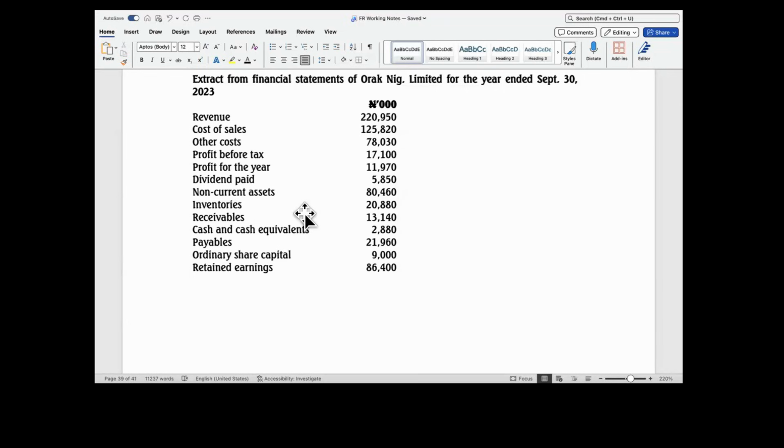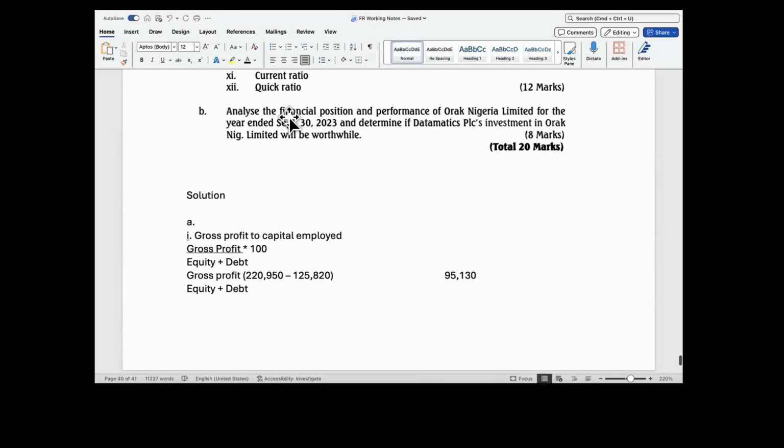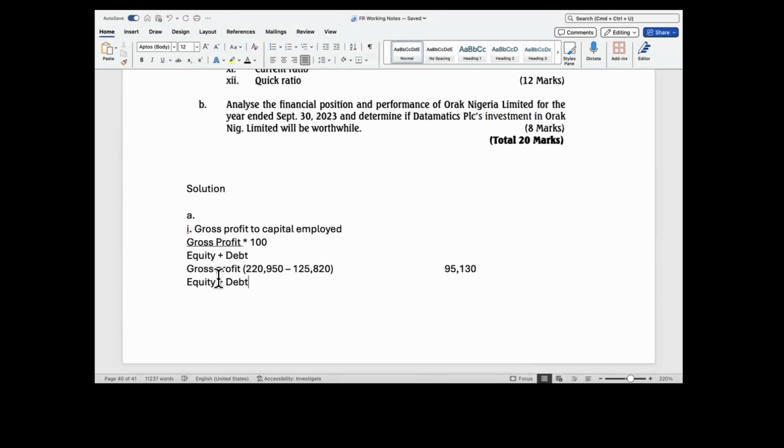That's retained earnings. Retained earnings plus ordinary share capital. So that's how you get equity: ordinary share capital plus retained earnings. I've taught you this before. Please need to be revising.